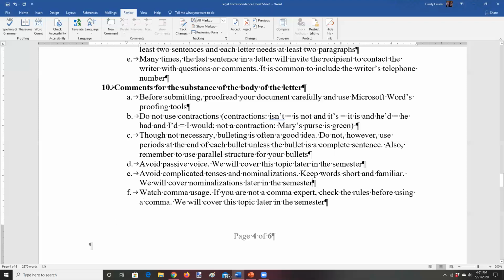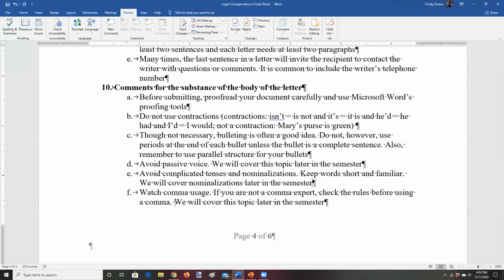Comma usage. Again, we're going to talk about this later on. A good rule of thumb, though, is whenever you use a comma to know why you're using the comma. Not just say, gosh, it feels like a comma goes here, but no, oh, I'm applying X rule to that. If you haven't gotten the habit of doing that, do it. And if you do it for 6 months, you're going to know all the rules because there's less than 20.